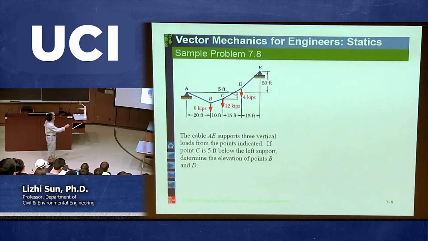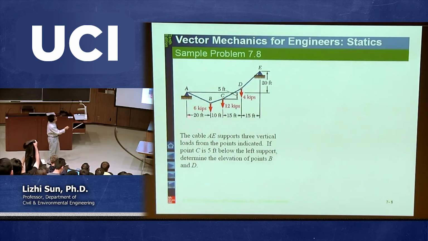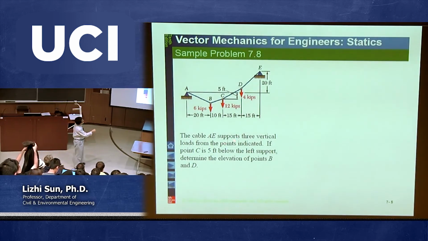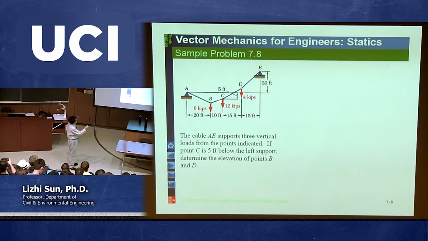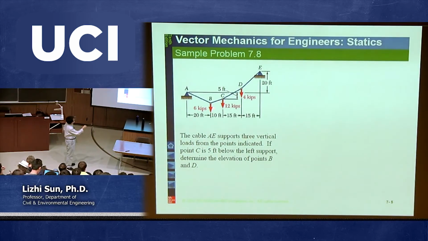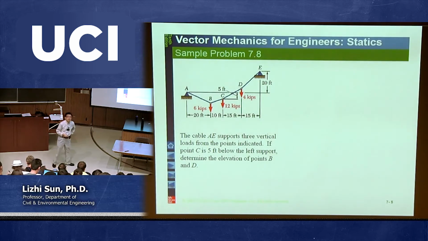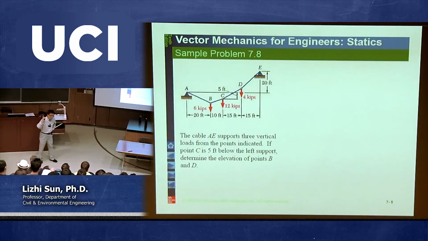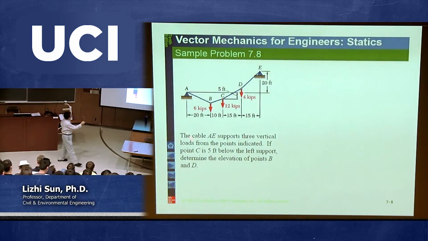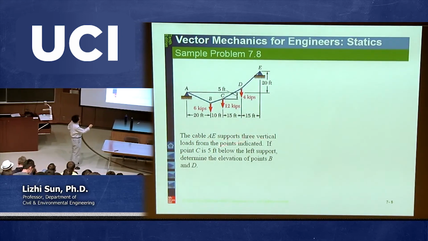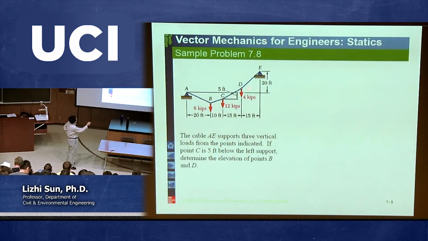So geometries are pretty much given. Cable AE, the whole thing, supports 3 vertical loads, 1, 2, 3, with a given 6 kips, 12 kips, and 4 kips. By the way, 1 kip is what? It's 1,000 pounds. So cable AE supports 3 vertical loads from the points indicated above.